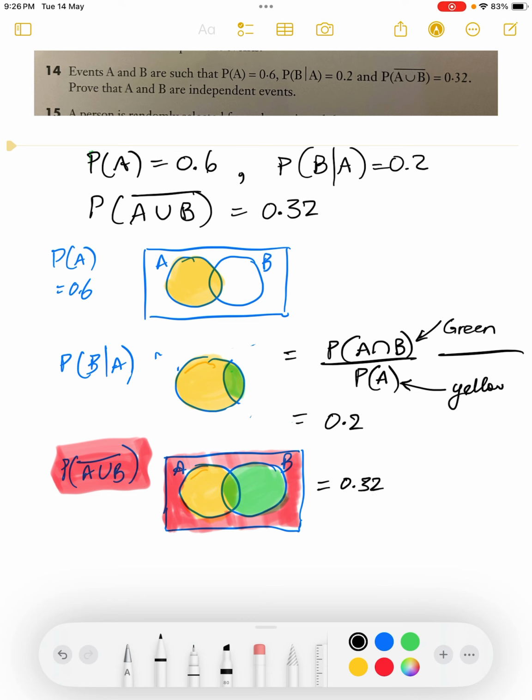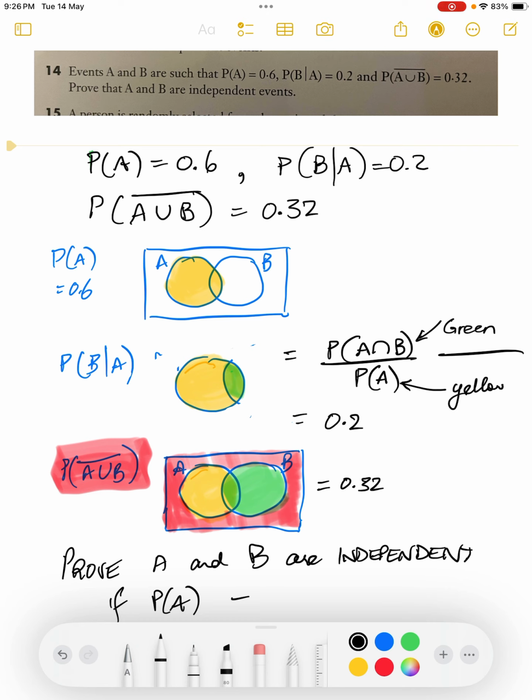Okay, so let's see what formulas we've got. The question says prove that A and B are independent. Now we do that by saying if the probability of A is equal to the probability of A given B, then they are independent.